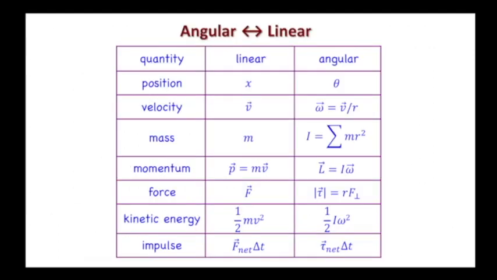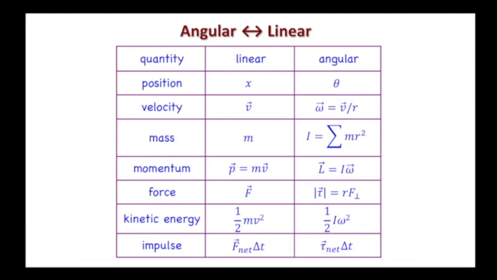Okay, so we've also seen how this is completely analogous to the linear momentum framework. And all of these equations should look familiar, except maybe the relationship between linear velocity and angular velocity. That we'll do at the end of lecture today. We already have the tools to do that. It's just a fun little add-on. And then also this kinetic energy row.